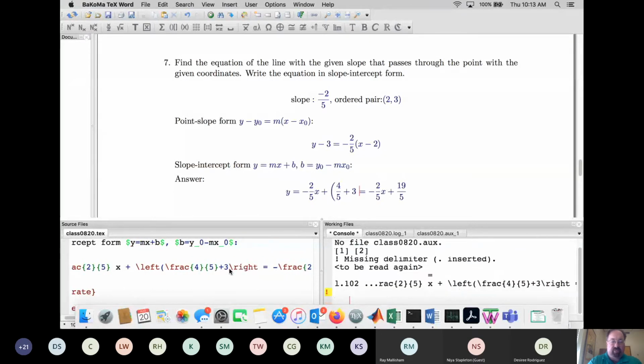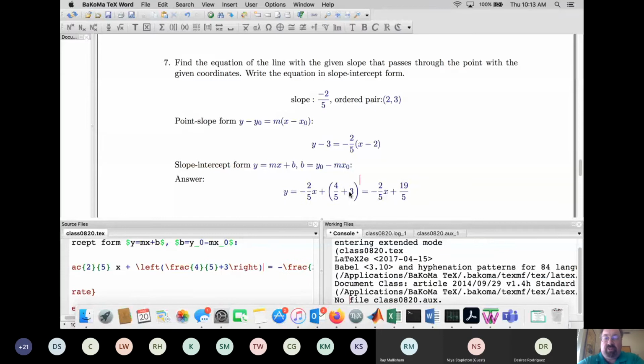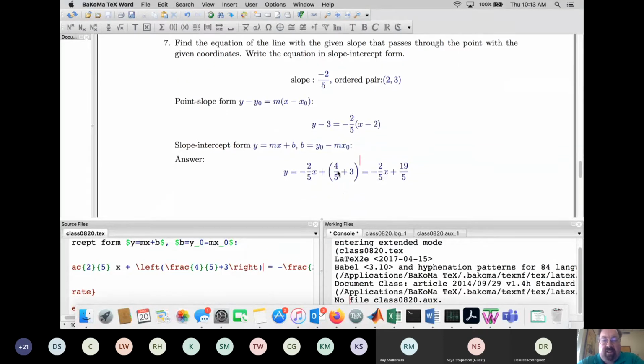There'll be many cases where you have something like this and you want to get this over a common denominator. And in fact, there'll be certain situations that we'll get to when you're computing derivatives where you'll have a number and a fraction to subtract 1 from, things like this.